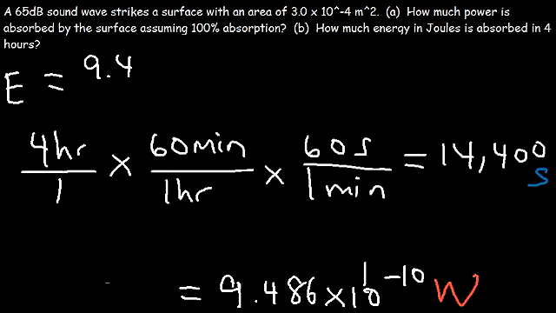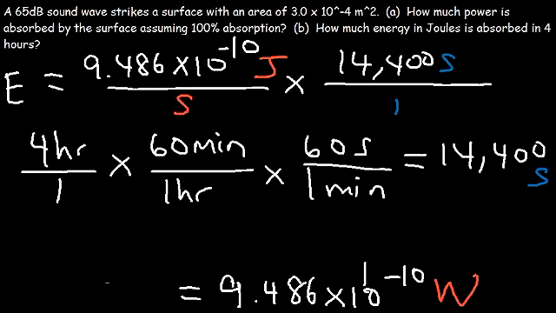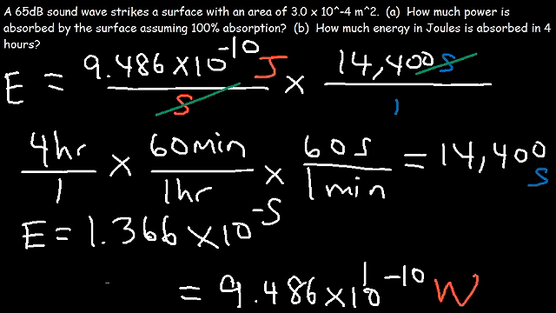So it's going to be 9.486 times 10 to the minus 10 joules per second multiplied by 14,400 seconds. So these units will cancel. So the total energy absorbed is about 1.366 times 10 to the minus 5 joules.